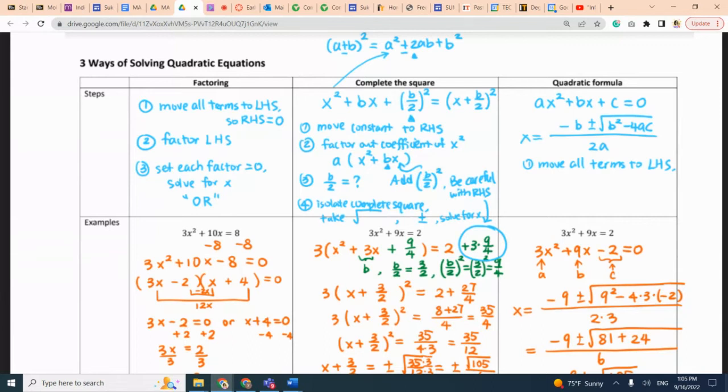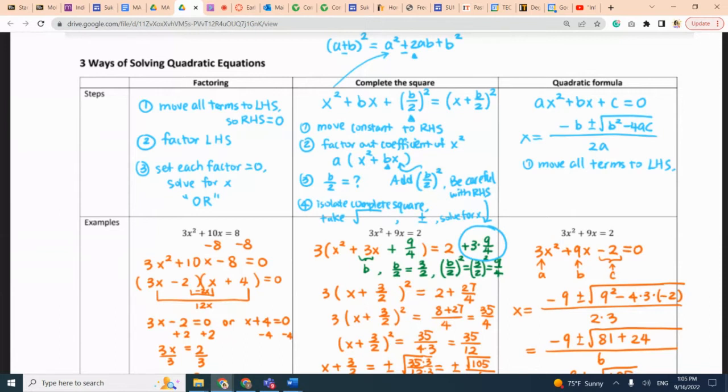Then what we do is also move all the terms to the left-hand side. So then we have the standard form, ax squared plus bx plus c equals 0. This is the form we want. And then a is the coefficient of x squared, b is the coefficient of x, c is the constant term. Is that okay, everybody?